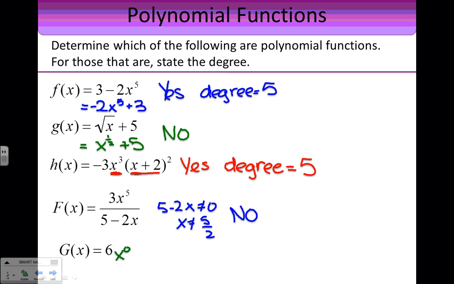Okay, because x to the 0 is 1, so we don't technically write it in there, but that's what the exponent is going to be. And the domain is all real numbers. So yes, this is a polynomial, and the degree is 0. Okay, because that g of x equals 6, that's just going to be a straight line at y equals 6 all the way across. So it's just a different type of polynomial.